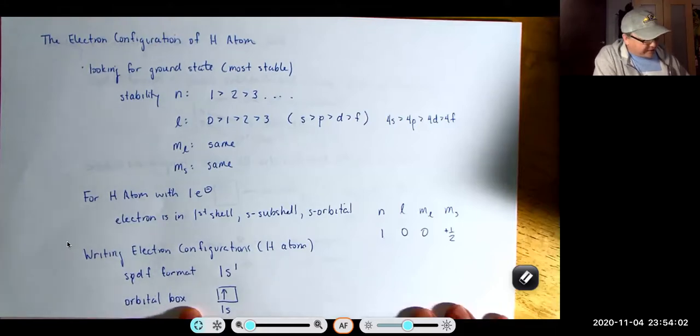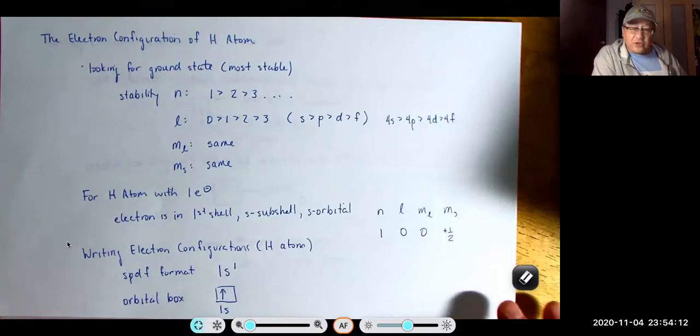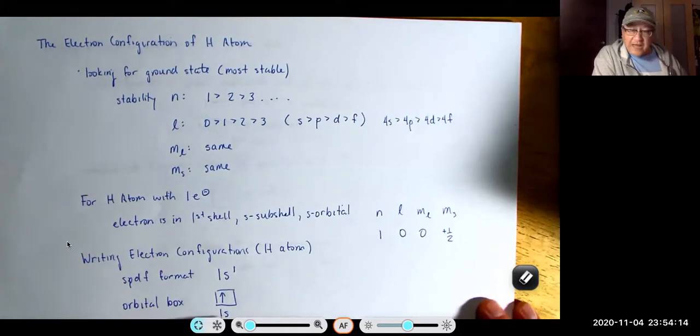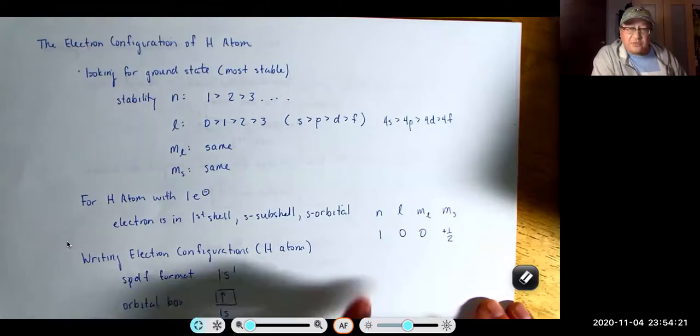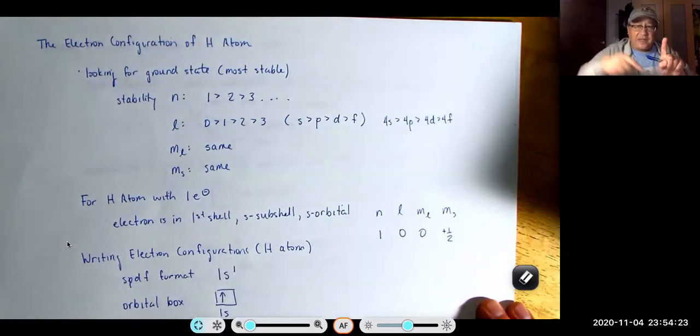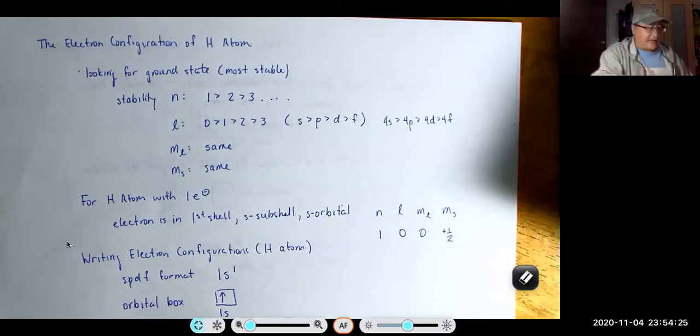And here, instead of just seeing the subshell, you actually see the orbital. So this is a 1s subshell with 1 orbital in it. Every box is an orbital. The 1s subshell only has 1 orbital, so that's what you see. And notice the electron is drawn as an arrow going up, because for the plus 1/2, you draw an arrow up, and the minus 1/2, you draw an arrow going down.